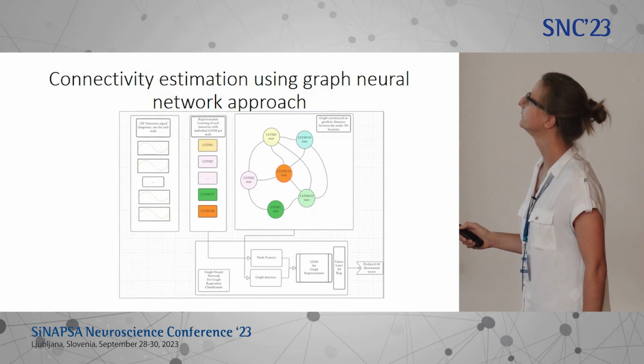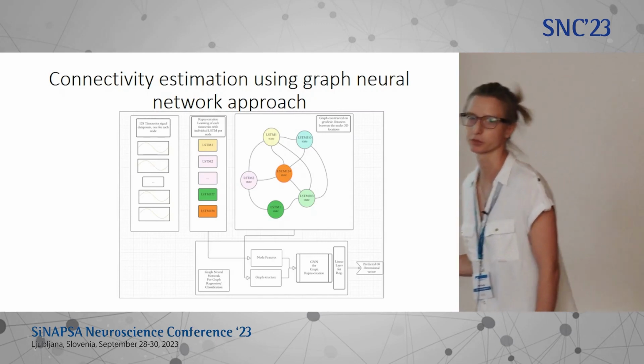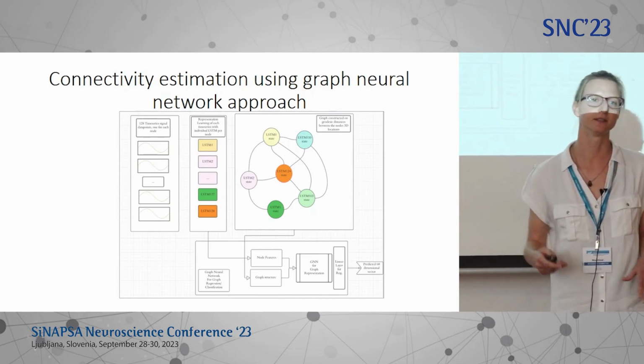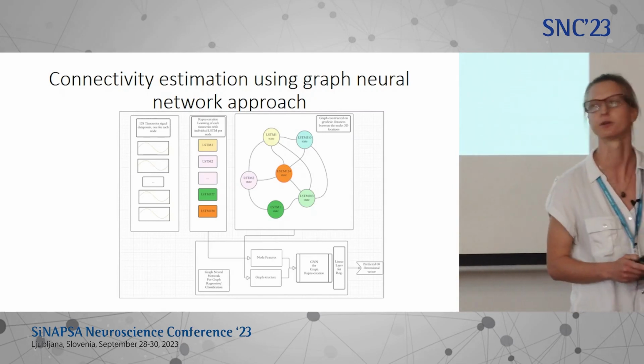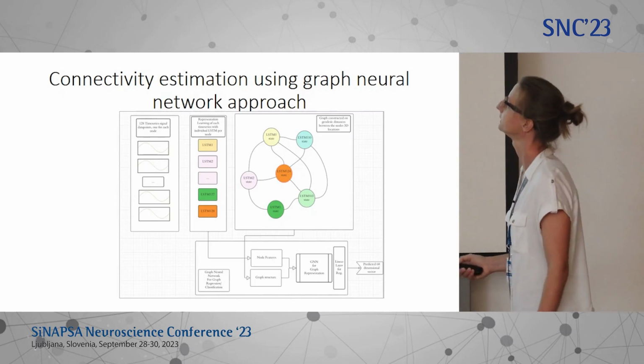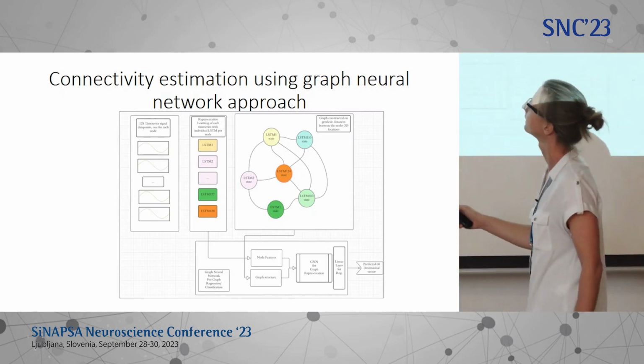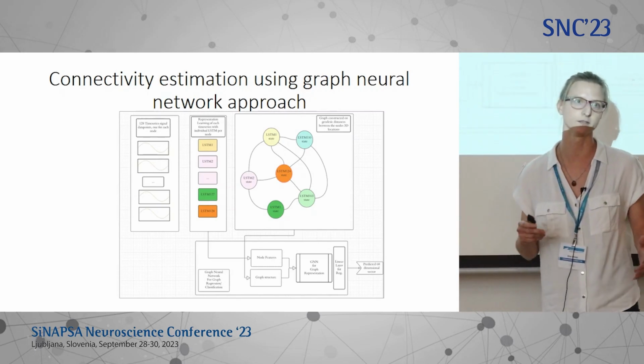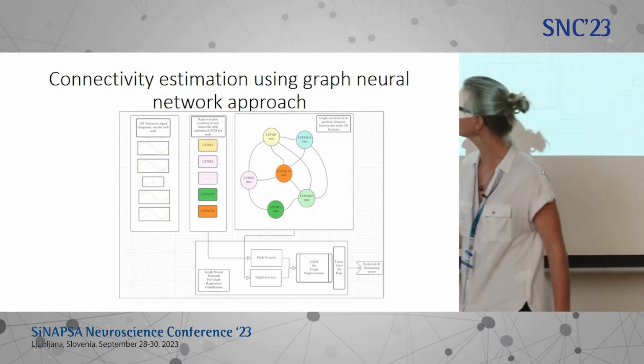We tried to do connectivity estimation using graph neural network approaches. So not just source localization, but let's find the sources that are connected together. And for that, I don't know if you can see, but the approach is like this. So we have some time series, let's say 128 channels.